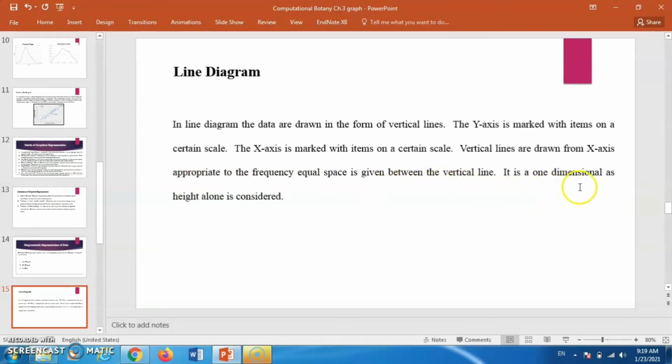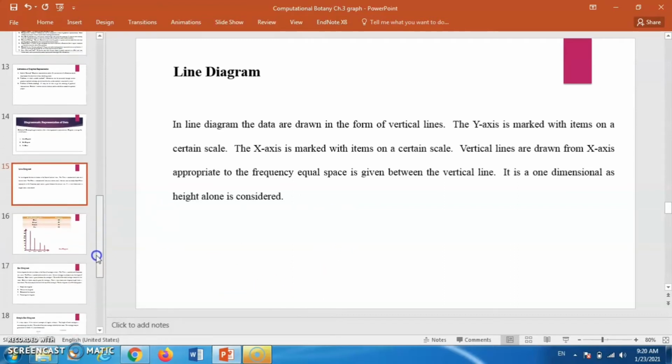It is one-dimensional as height alone is considered. As we have seen, histograms are two-dimensional, but the line diagram is only one-dimensional, because only height, not width, is considered. It is a very simple type of diagrammatic representation.